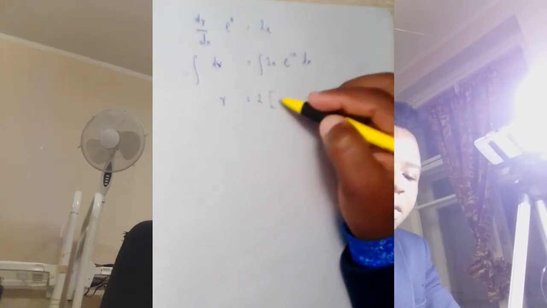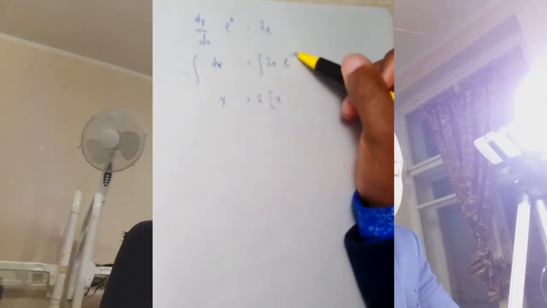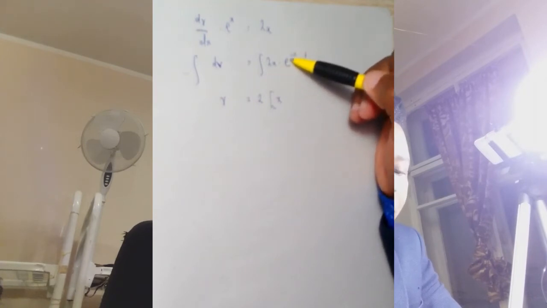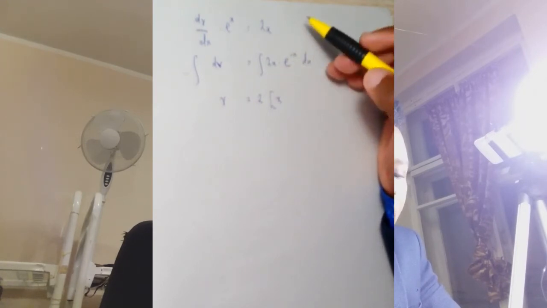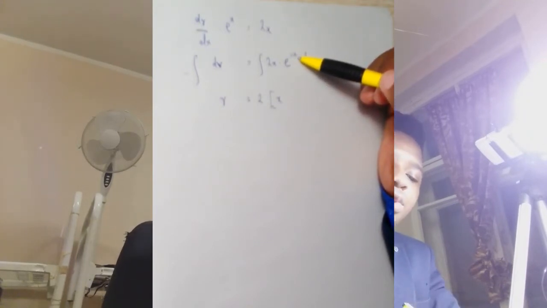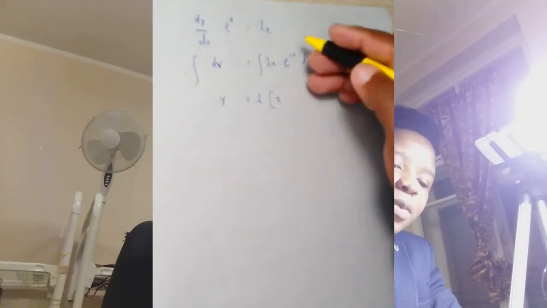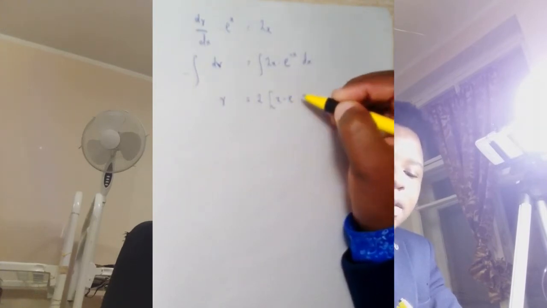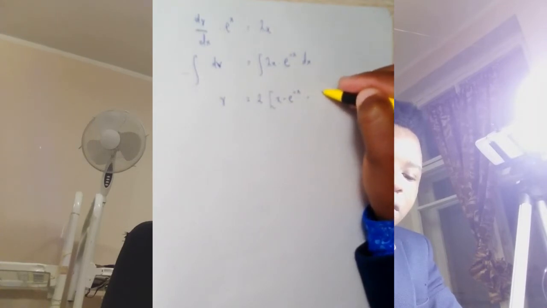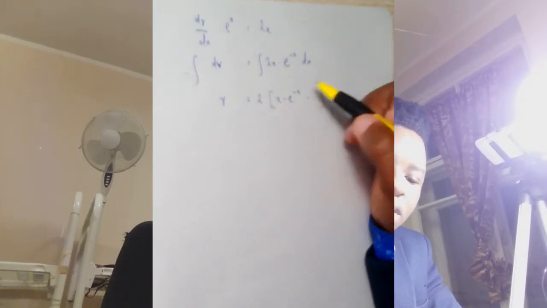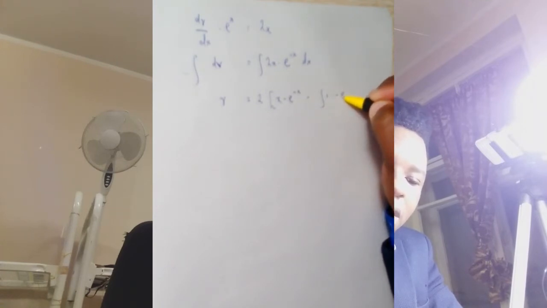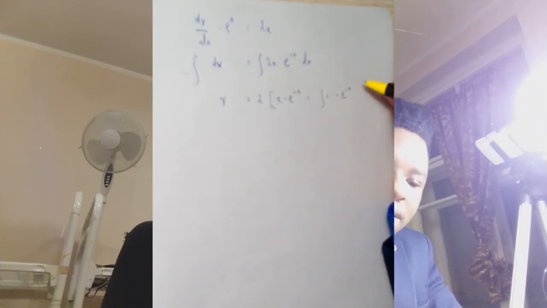If I make x the u, and the derivative of v would be this one, I will just integrate it. So it will be negative exponent of negative x minus the integral, the derivative of x would be 1 multiplied by negative exponent of negative x, then dx.